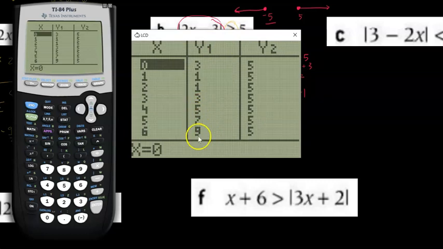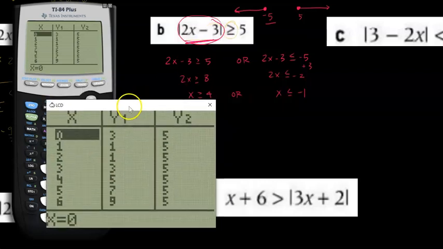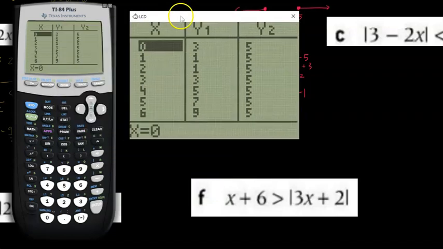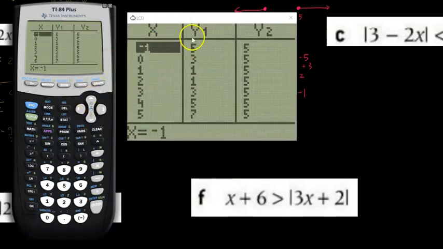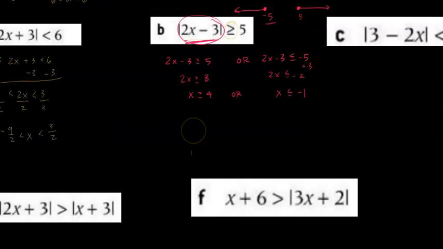It equals 5 and then gets bigger than 5. So x is greater than or equal to 4. Then for the negative side, if we look at negative 1 right here, it starts at 5 and the y value gets bigger when x is less than or equal to negative 1. Okay, so I know that that's right.